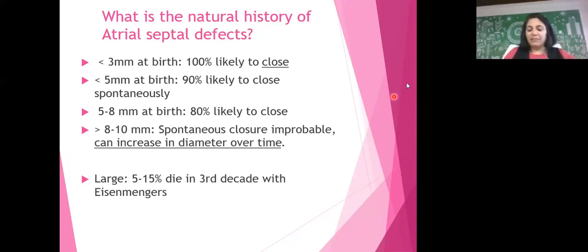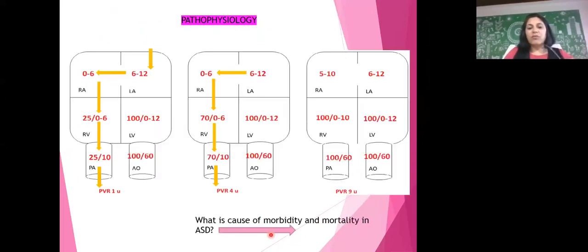Now, over time, they basically develop Eisenmenger's syndrome, and that is the cause of morbidity. So if you look at the pressures when you're born, LA pressure, say, is 6 millimeters. RA pressure is 2 or 3. So you have a left to right shunt. At that time, lung pressure is normal. A normal lung pressure is 25.